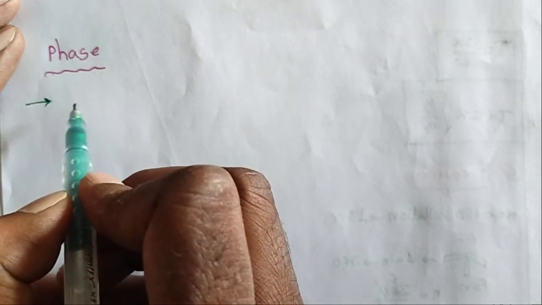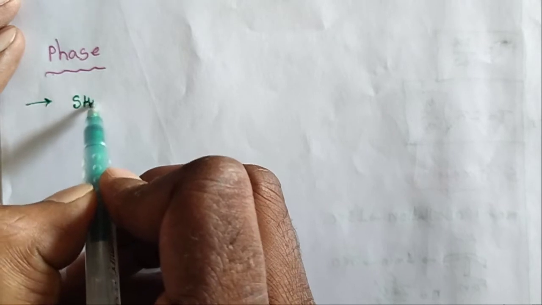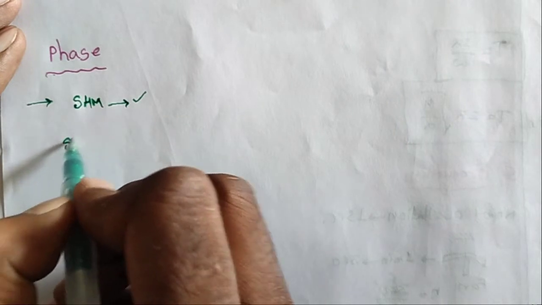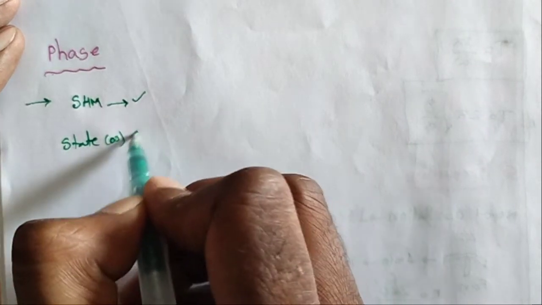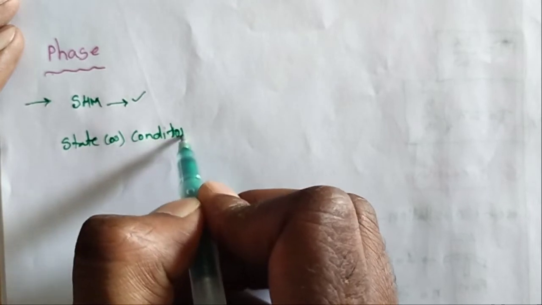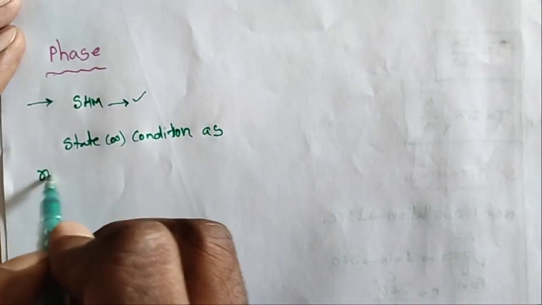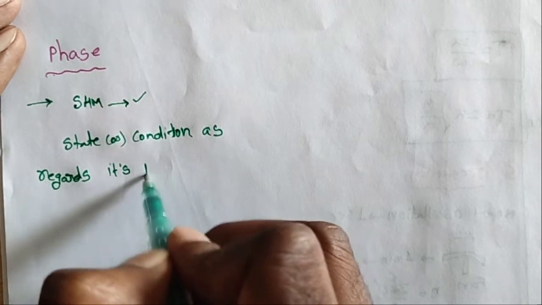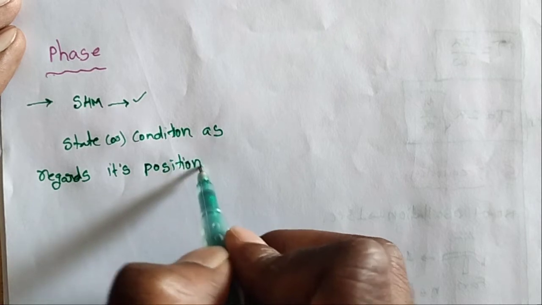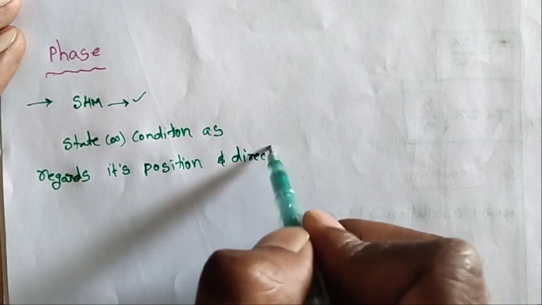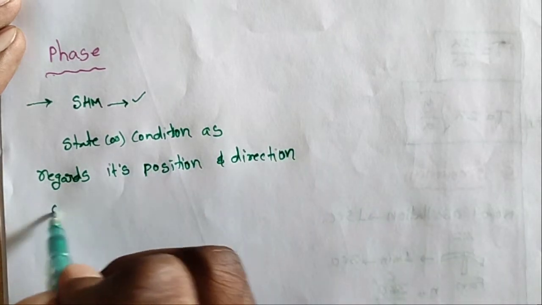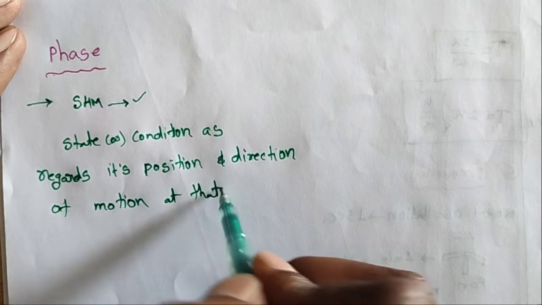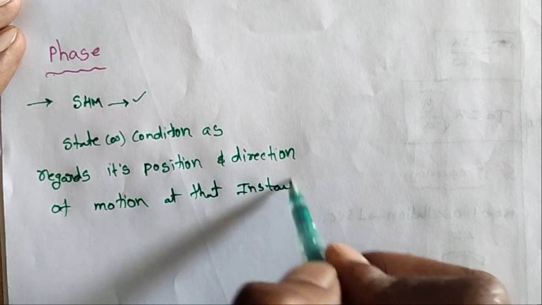The phase of a particle executing SHM at any instant is defined as the state or condition as regards its position and direction of motion at that instant. So this is called phase.